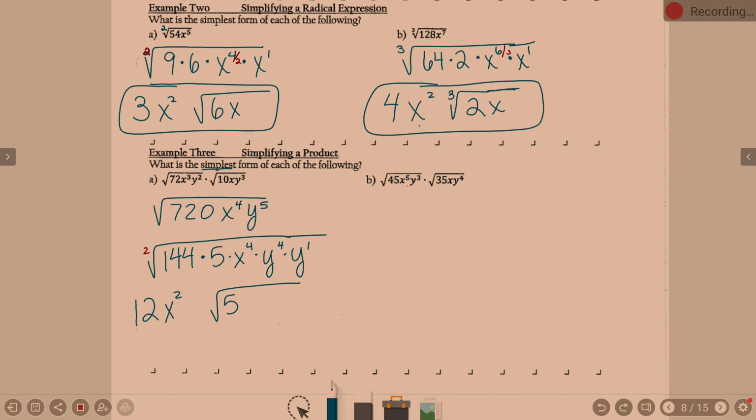That's going out front. Square root of y to the fourth, 4 divided by 2, y to the second. Square root of y to the first stays as is, and it's going to be a y to the first, or a y, under my radical.